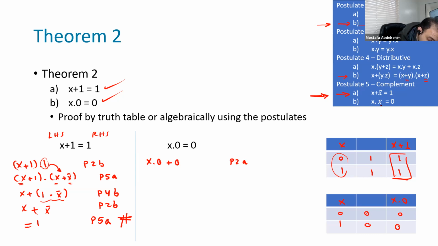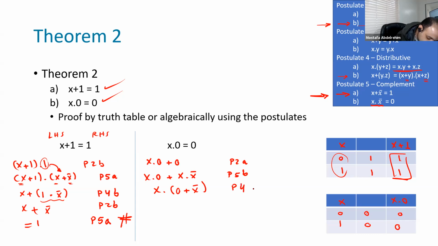Now 0 is x and x bar. So x dot 0 plus x dot x bar. Postulate 5b. Again, the distributive property. This is similar to this one, this component here. 0 is analogous to y and x bar is analogous to z. This can be simplified to x dot y or z, so x dot 0 or x bar.